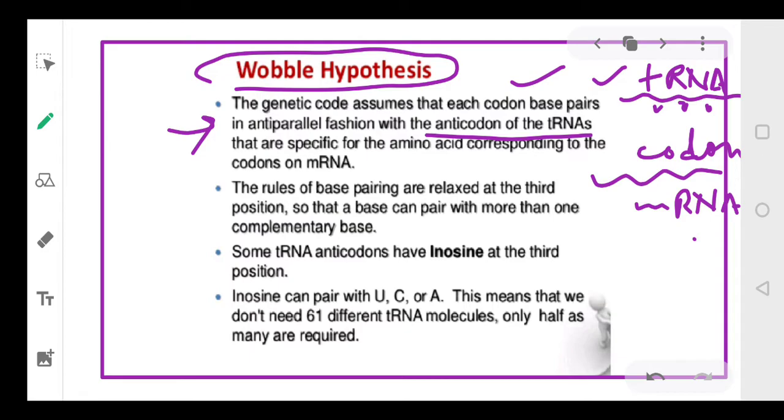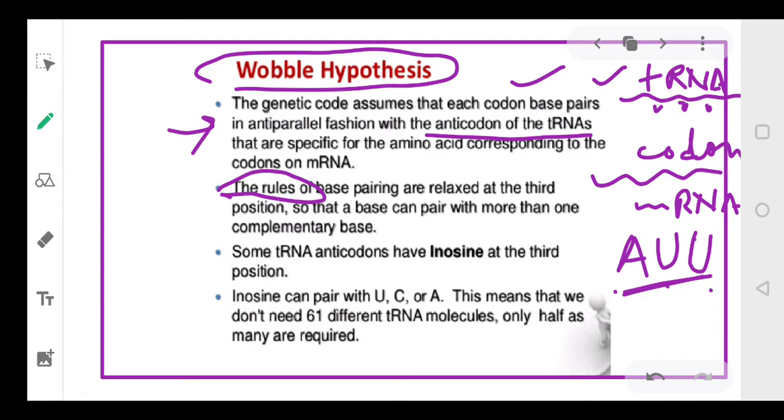Now this Wobble hypothesis, it says, if there is suppose A, U, U, there are 3, now this is a codon. In the codon, there are 3 nitrogen bases, right? One is A, second is U, another is U, right?